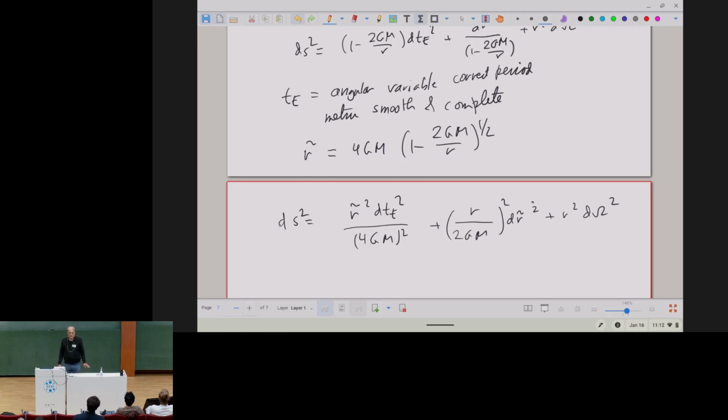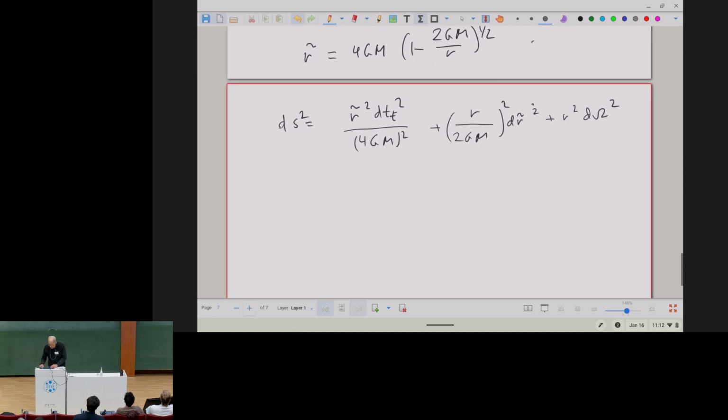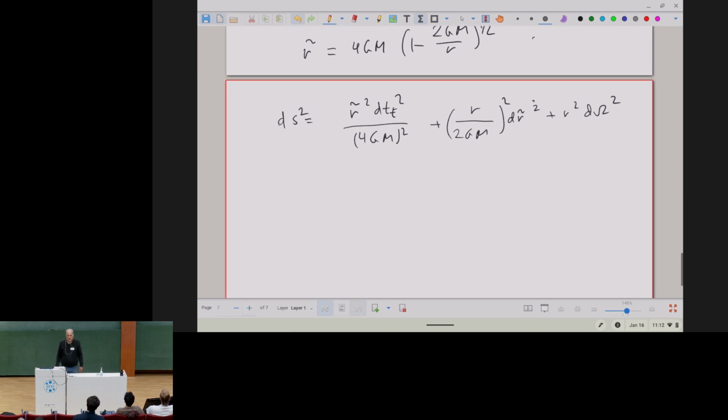Now let's look at the behavior near r equals 2GM. The reason I made this change of variables is that it puts the metric in a form where it's very easy to take the limit r goes to 2GM. Here we just replace r squared by 2GM squared. And here we replace r over 2GM by 1.